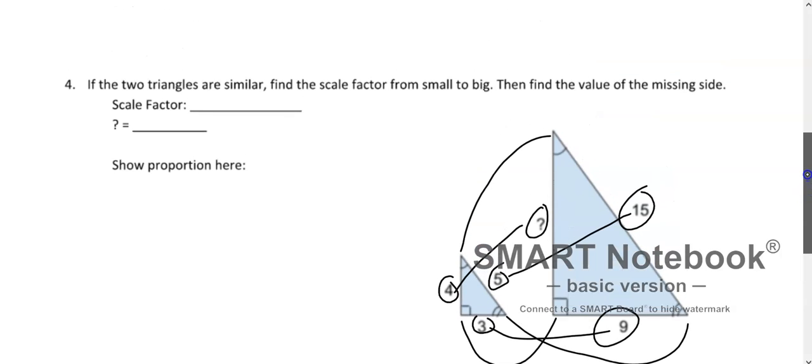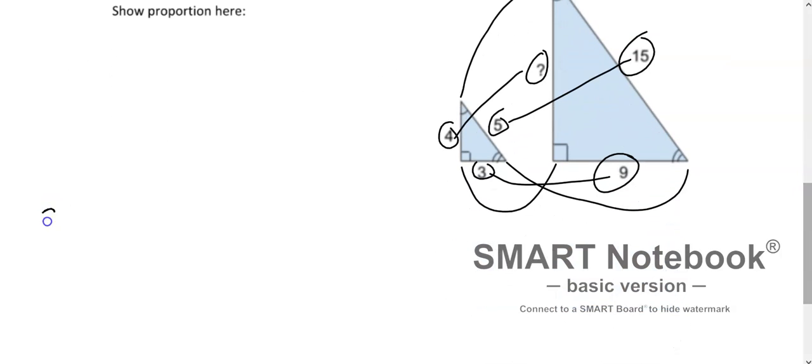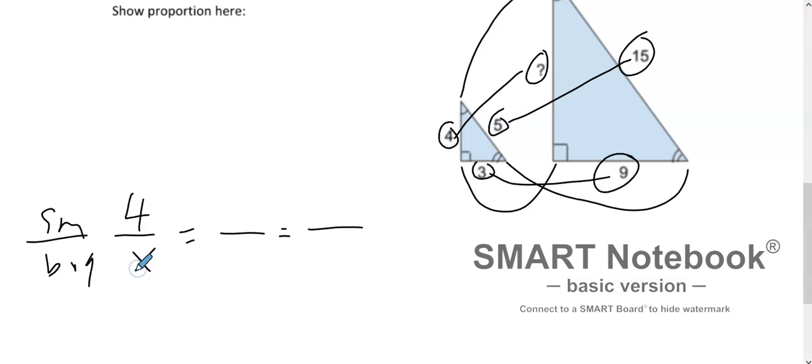Now, since it says small to big, we can do this and set up our 3 fractions. So 4 corresponds to the unknown, 5 corresponds to 15, and 3 corresponds to 9.